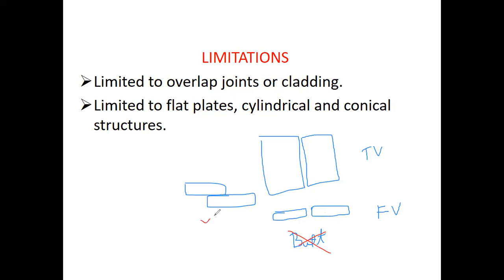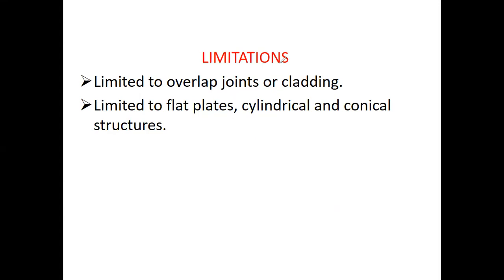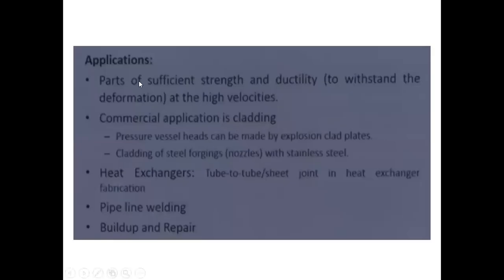Lap welding is possible, so this is limited to overlap joints or cladding. It is also limited to flat plates, cylindrical and conical structures only, so complex geometries cannot be welded. That's another limitation. As for applications, parts need sufficient strength and ductility to withstand the deformation at high velocities; only parts which can sustain those velocities and impacts can be done.